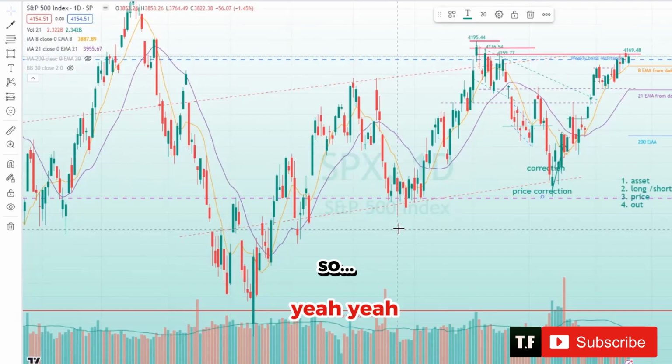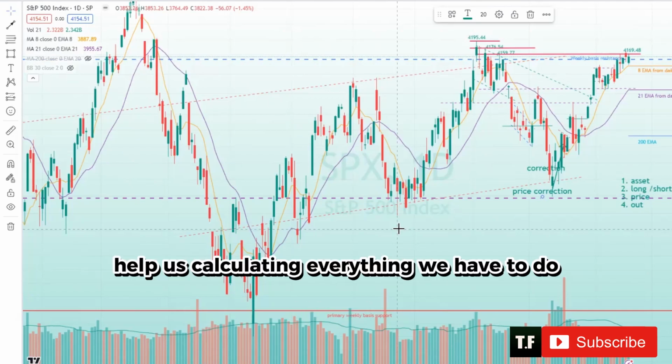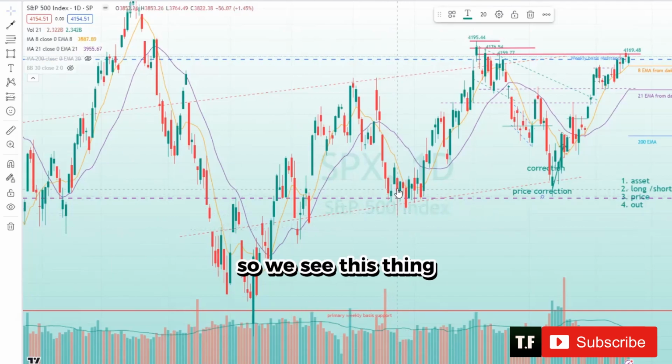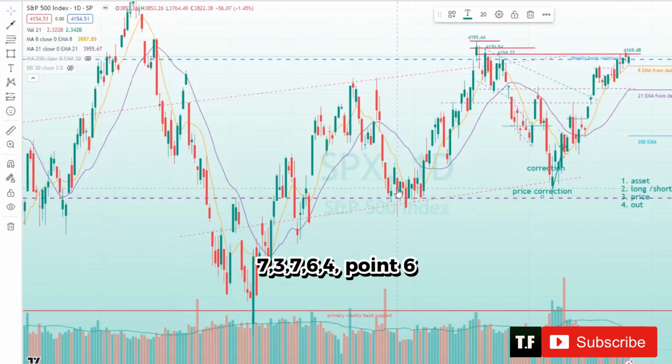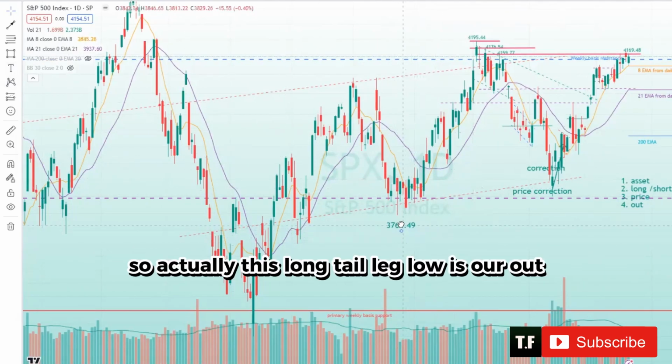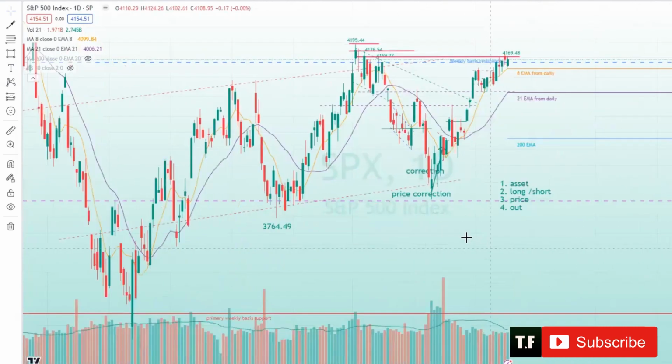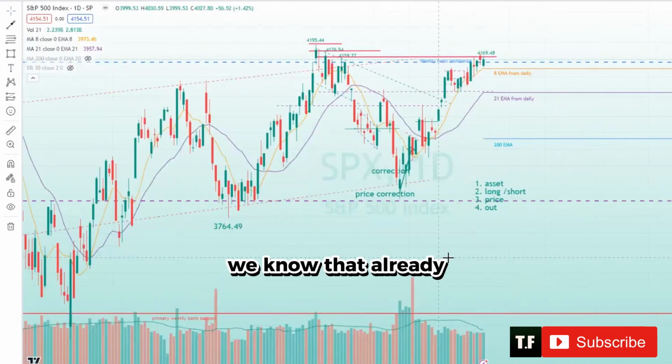To help us calculate everything, we find the low of this one is 3764.649. So this long tail low is our out. We know that already.